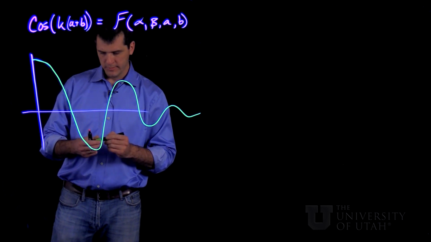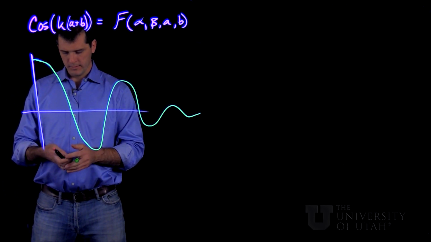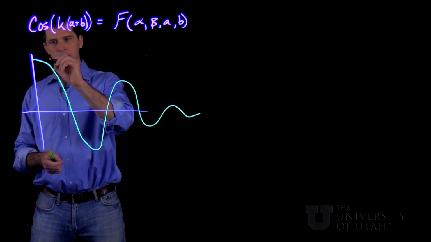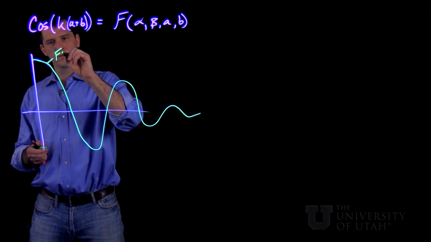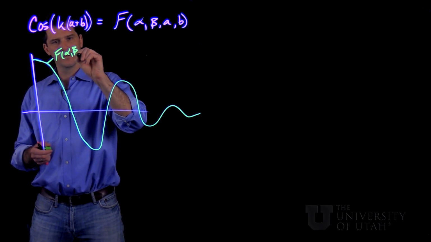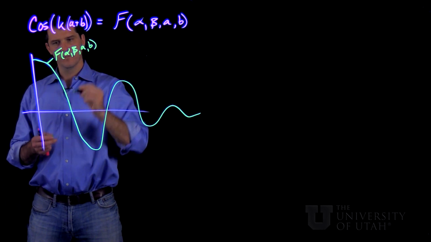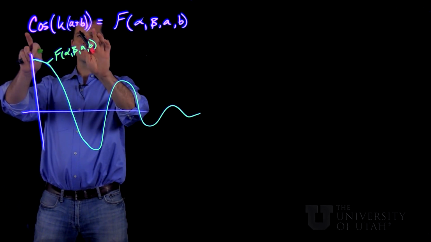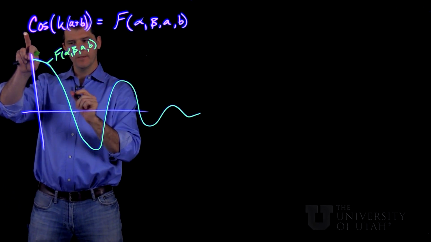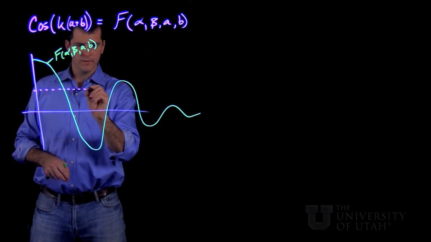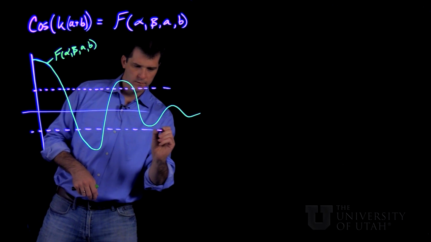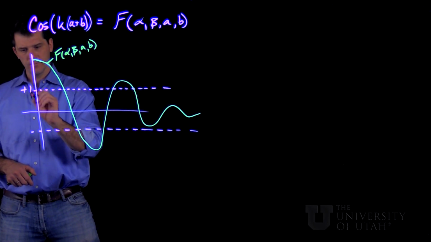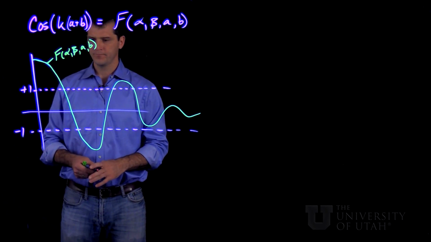And this looks like a damped oscillation. Now if we look at this left-hand side, the key insight is that since it's a cosine function, it has to exist only between these plus and minus 1 limits.